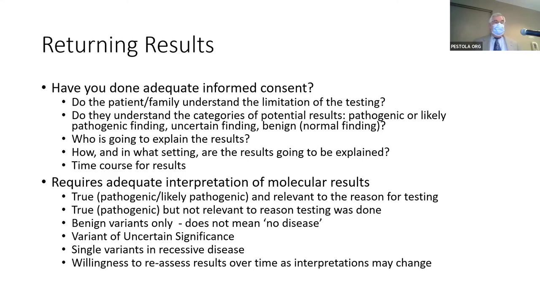Pathogenic, likely pathogenic, uncertain, benign, not necessarily equal to, except in their mind, normal. Who's going to explain the results? Did you order it because it's a 6-month wait to get into your local geneticist? And if you talk to the geneticist before you ordered it, is the geneticist going to accept the responsibility for returning those results, or are you going to return them?